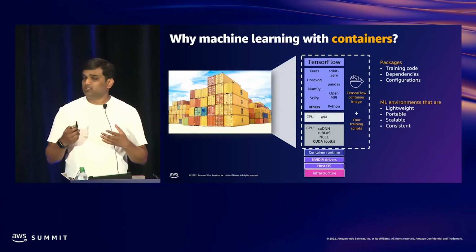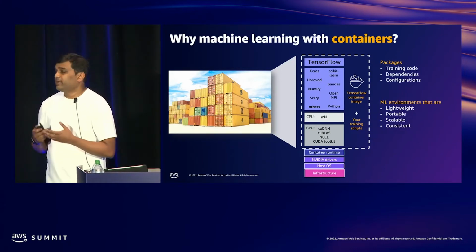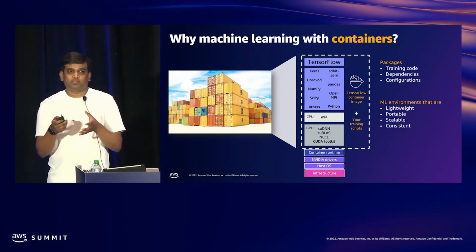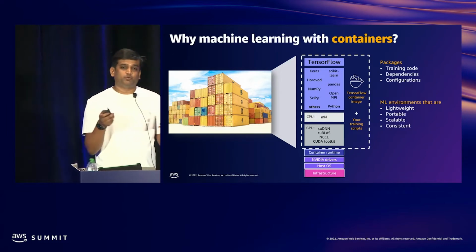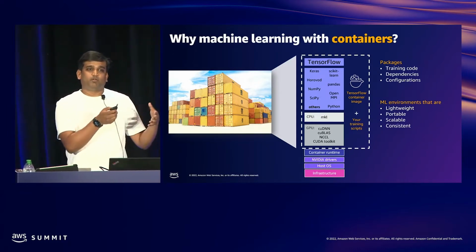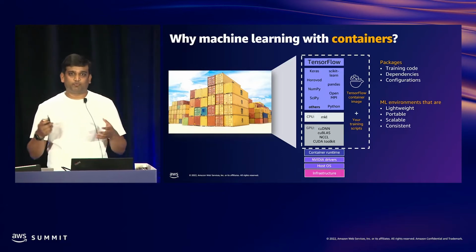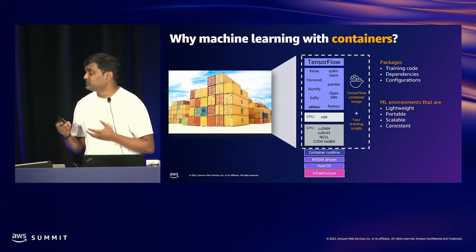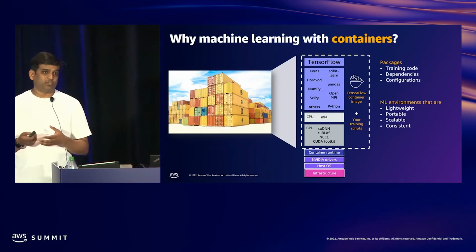So you get all the goodness of containers, where when you think about machine learning, you can package your training code and all its dependencies together in a container image. That gives you the flexibility to move around your machine learning workflow, not only on-premise, but also from on-premise to the cloud. So you don't have to worry about all the third-party packages like TensorFlow, PyTorch, scikit-learn, and all of that. These have dependencies in your machine learning pipeline.